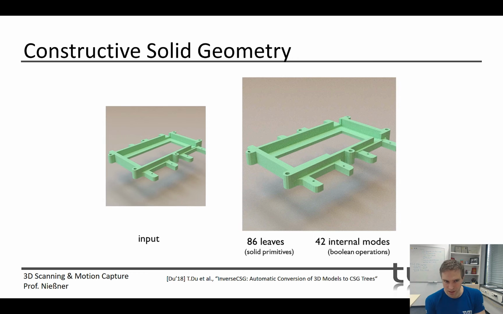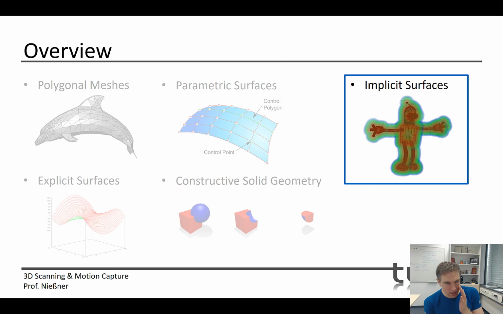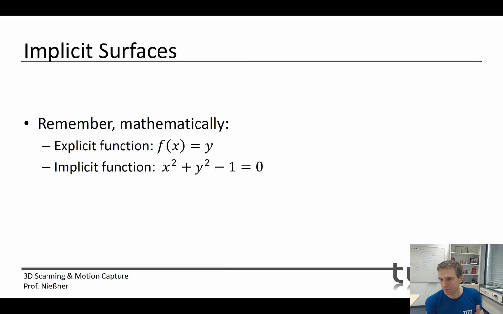Okay, now let's talk a bit more about implicit surfaces. That's something I feel we're going to talk a little bit more about, because implicit surfaces are the one thing that is often used for reconstruction, especially in the methods we're going to talk about. Just a quick reminder, mathematically, if you have an explicit function, that means f(x) = y.